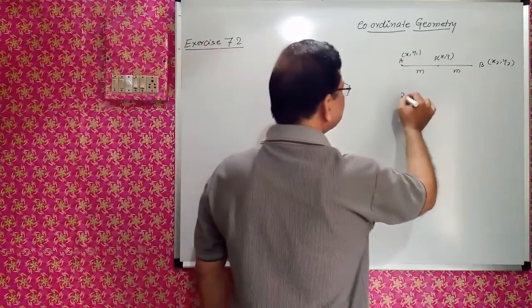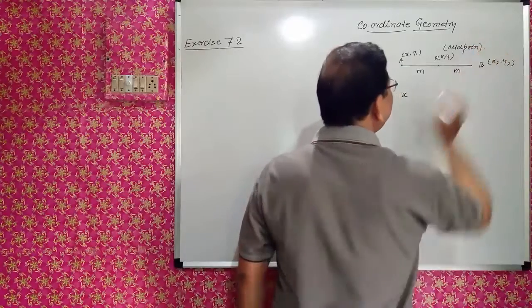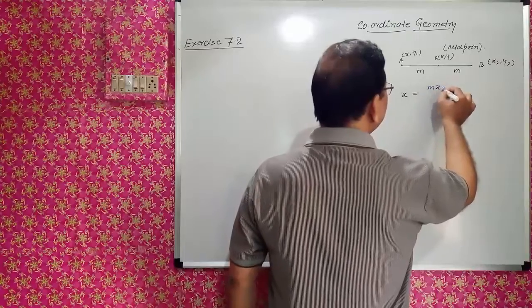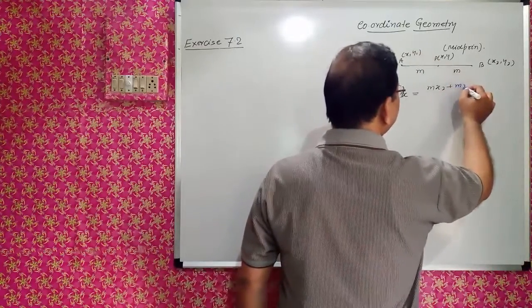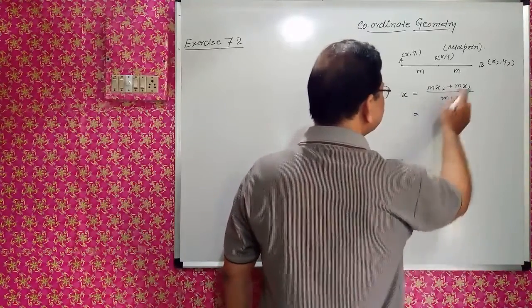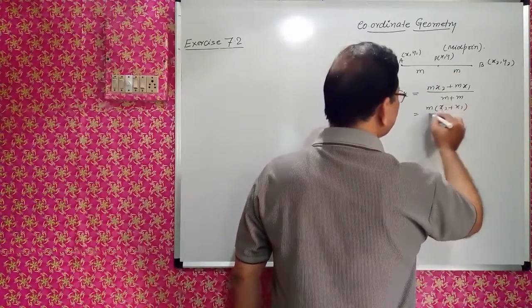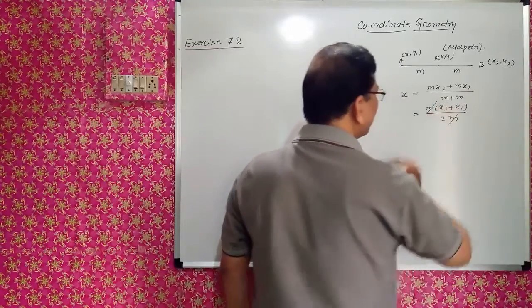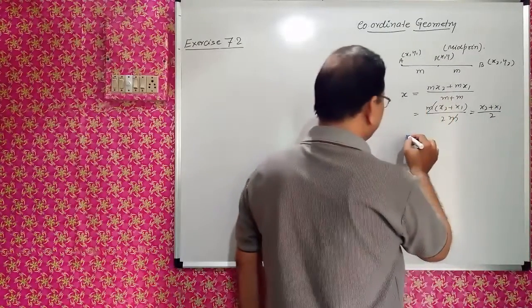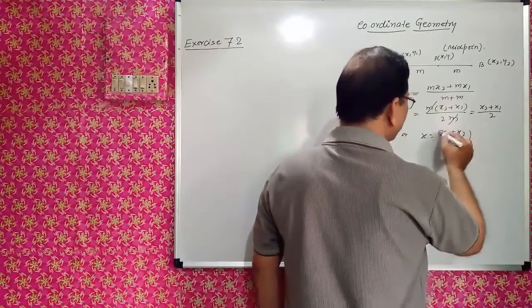So here, X will be, and this is the midpoint. So it is called midpoint formula. X is equal to M into X2 plus M into X1 upon M plus M. So that is M, if you are taking common, M (x2 plus x1) upon 2M, M and M will go, we will get (x2 plus x1) by 2, or x is equal to (x1 plus x2) by 2.